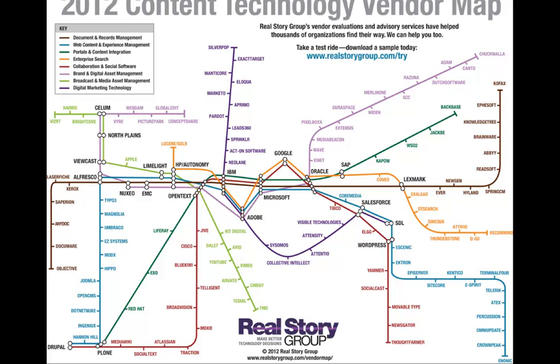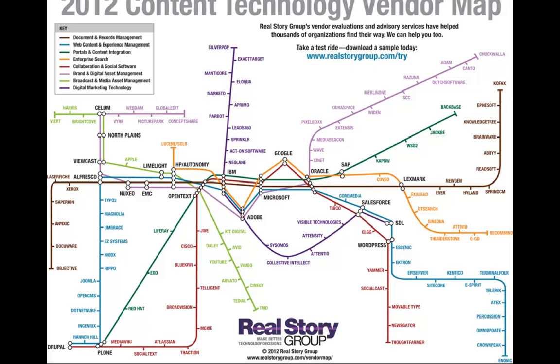What these lines represent are different types of functionality for these various content technologies, and Plone is the only open source content management system that's at the intersection of 3 of these lines. The 3 lines, as you can see in the legend, are web content and experience management, portals and content integration, and collaboration and social software. Those 3 lines converge at Plone, and that's something that's unique to open source systems.